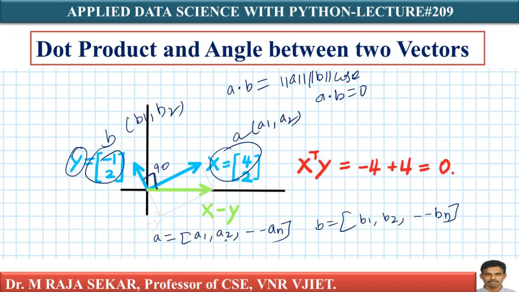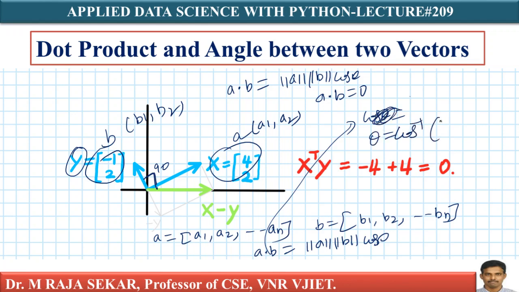A dot B equals norm A into norm B cos theta. Otherwise, theta equals cos inverse of sigma i equal to 1 to n ai into bi, by norm A into norm B.